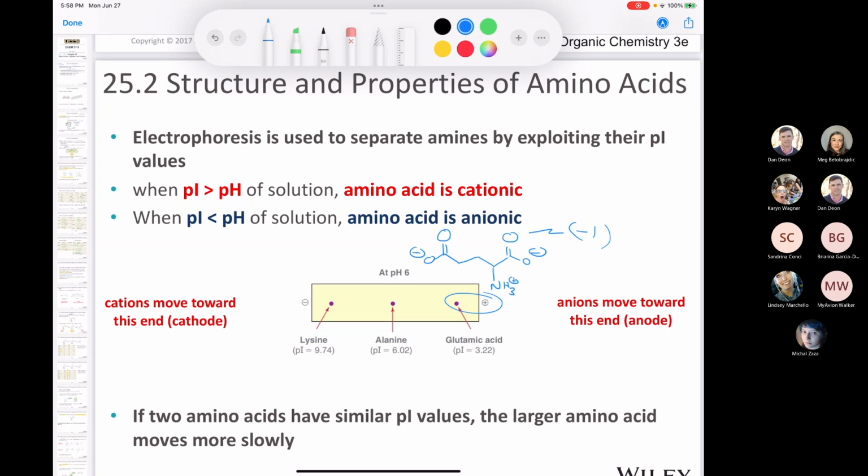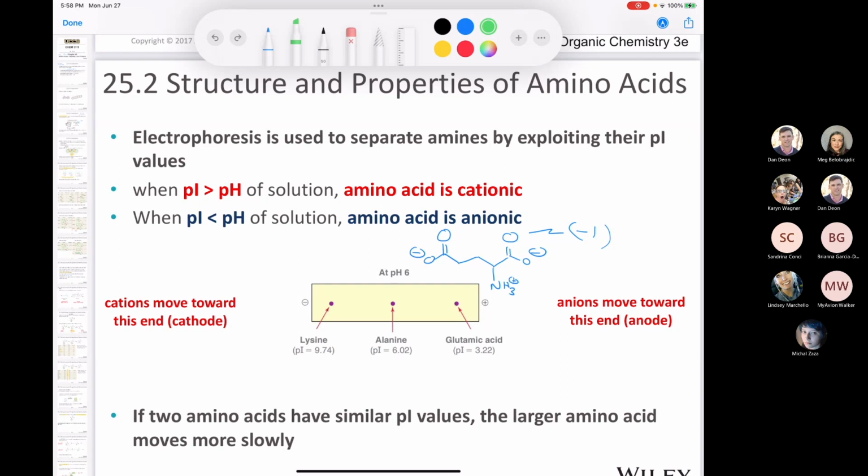Okay, cool. Another thing that I never figured out until I took organic chemistry: what if you have two amino acids that have a very similar isoelectric point? Are they really going to separate that much? Well, electrophoresis is not just based on charge, it's also based on molar mass.